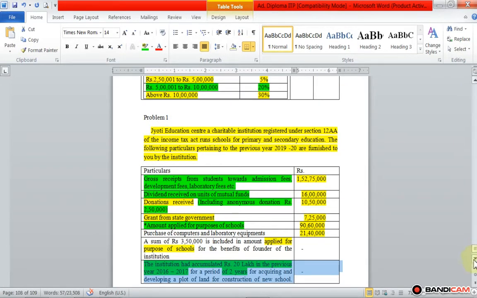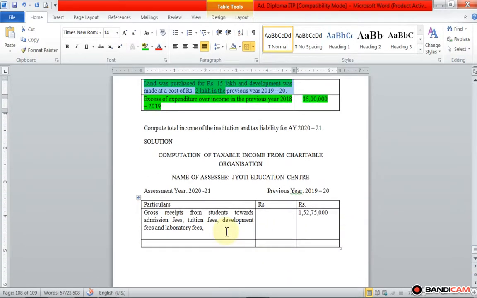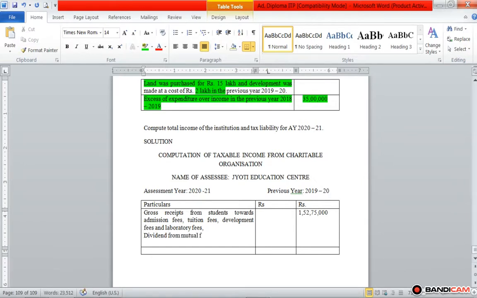So dividend 16 lakh is the income. Dividend from mutual fund amounted rupees 16 lakh.